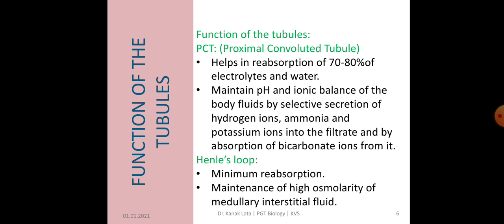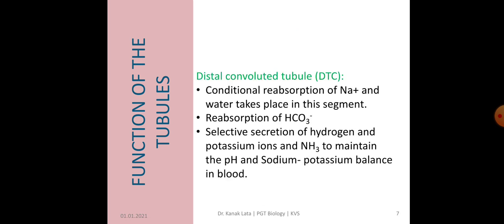Now it is about Henle's loop. Here minimum reabsorption takes place. It helps in maintaining the high osmolarity of medullary interstitial fluid. Next is the distal convoluted tubule, DCT.